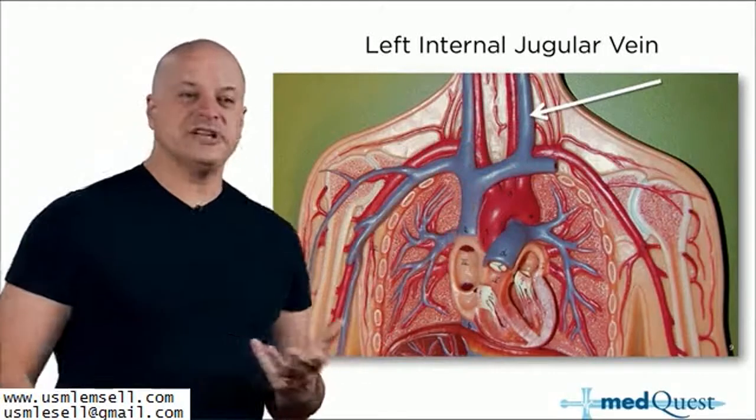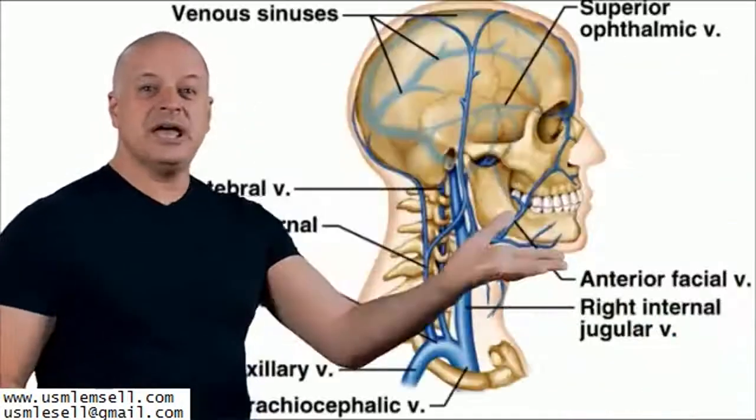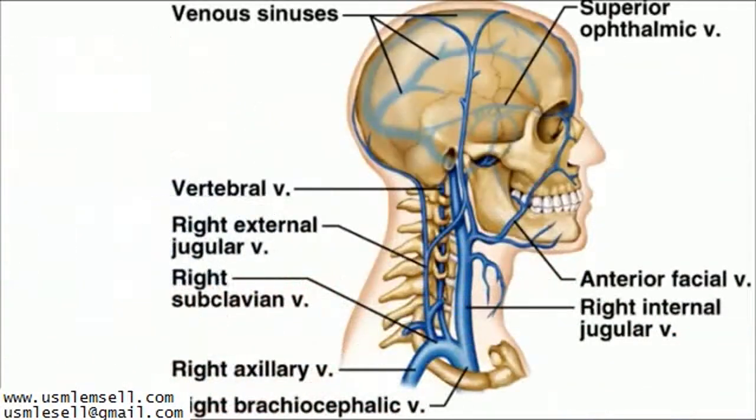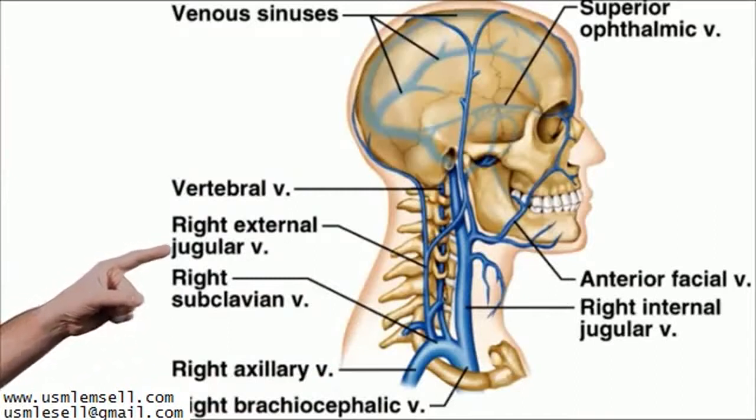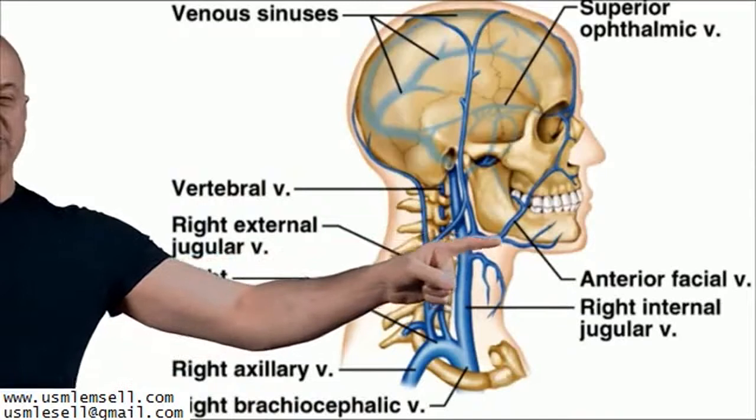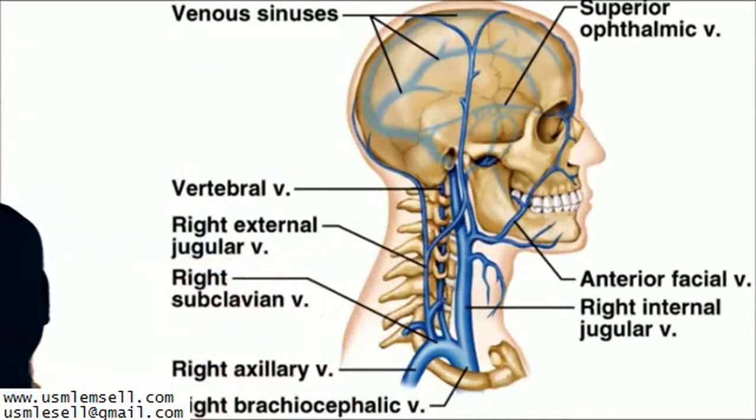So jugular venous distension can be an anatomy question. Oh, jugular vein, facial vein draining into it. It's a test of anatomy.